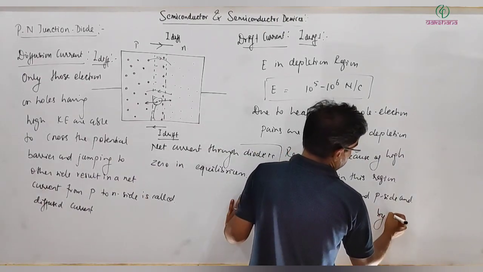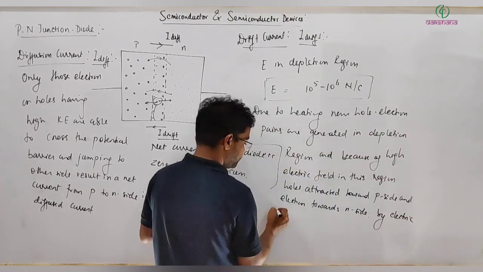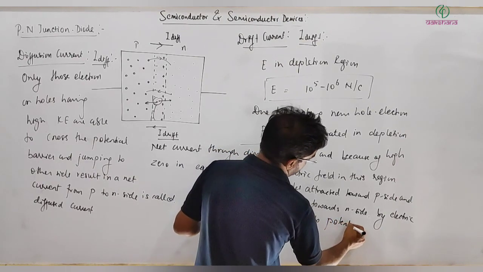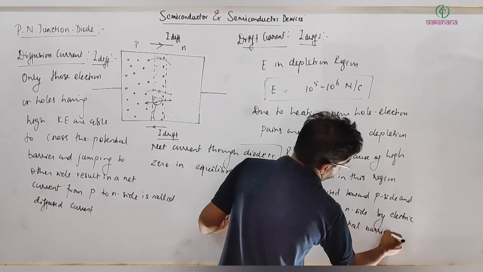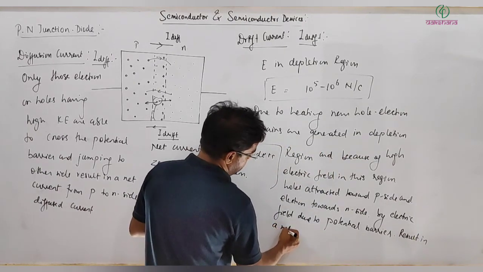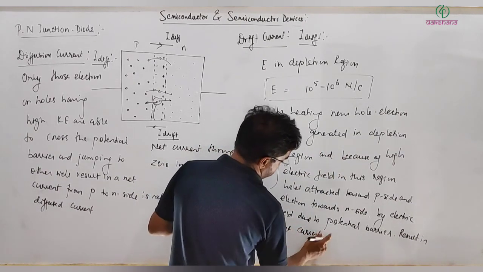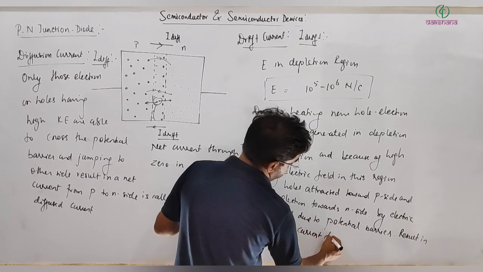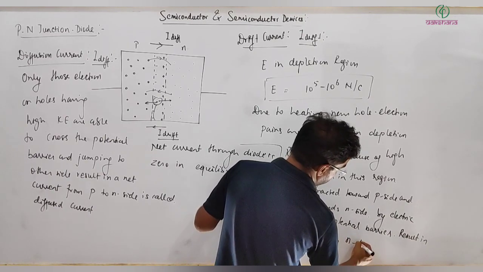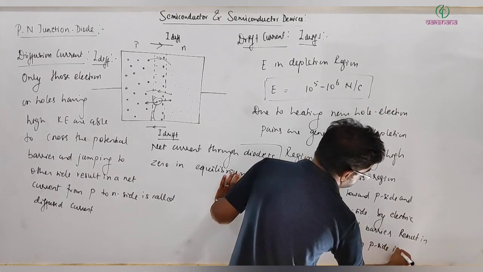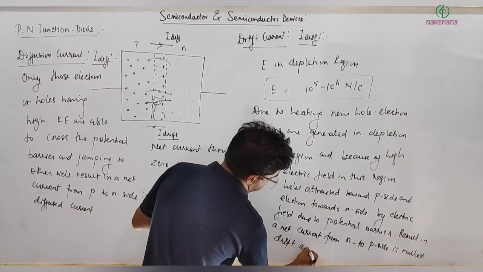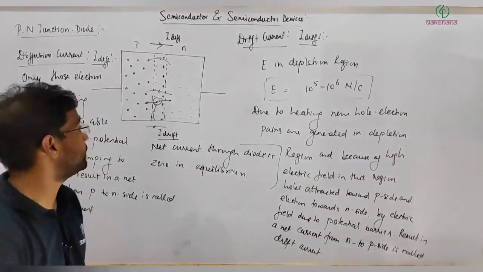This results in a net current from n side to p side, which is called drift current. So that is defined as your drift current.